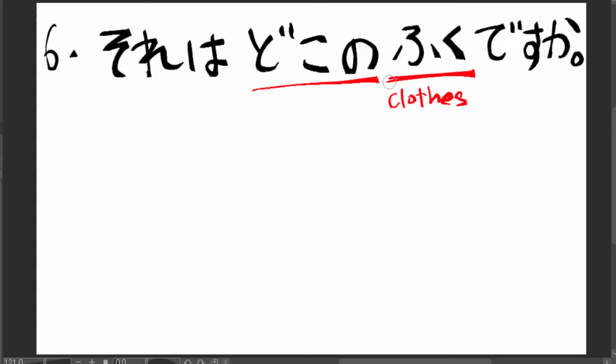What country does it belong to, if I have to translate it literally. どこの. So の means possessiveness.